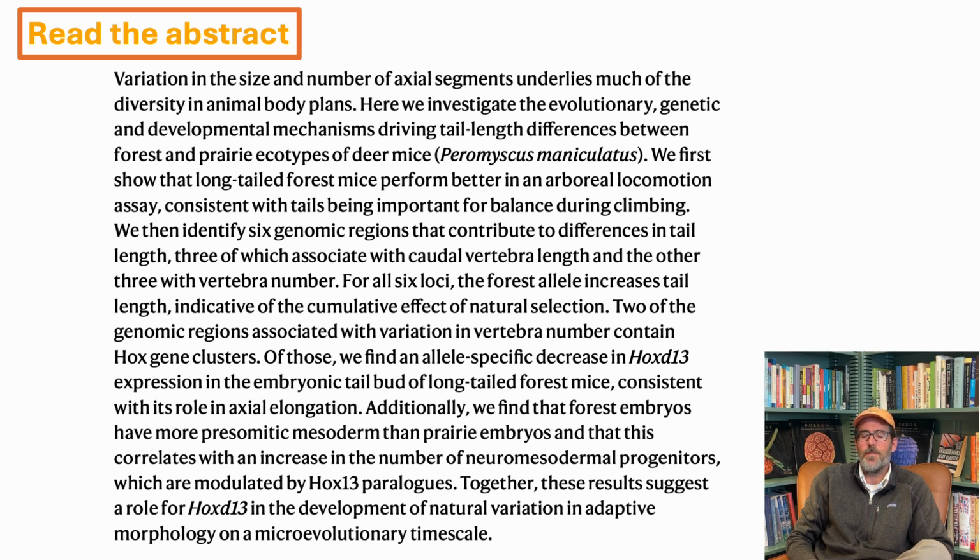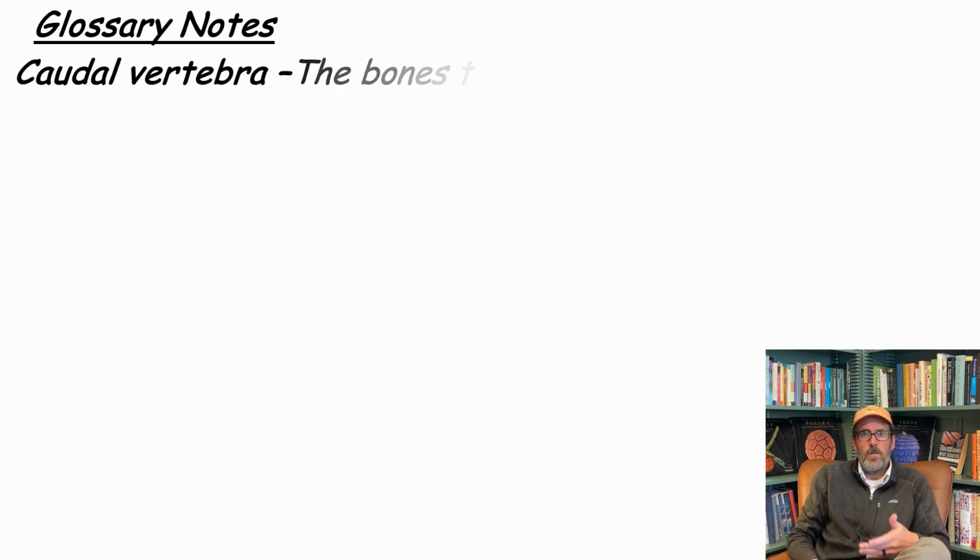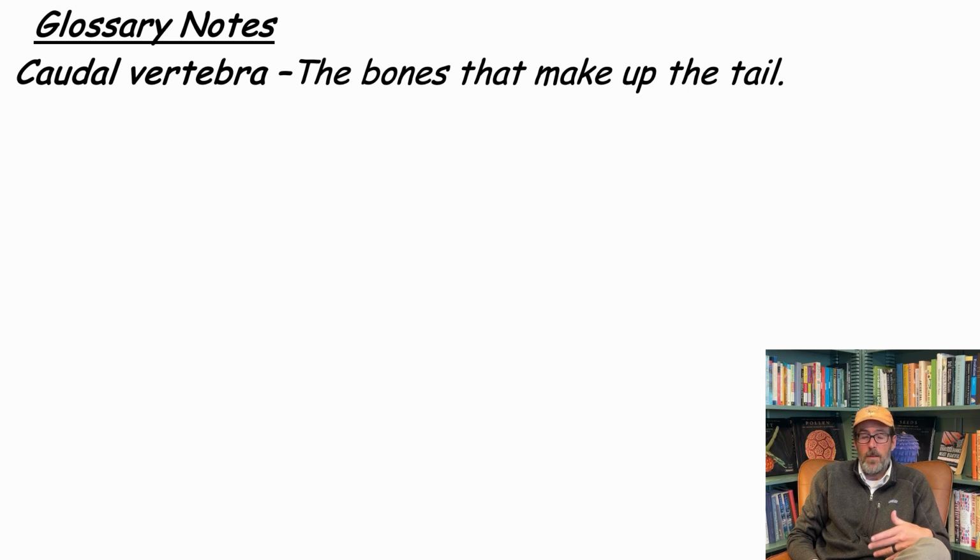There's lots of words in this abstract that I think are important to highlight: caudal vertebra, the forest allele, Hox gene clusters, embryonic tail bud, and you'll see what I do on the next slide with what I call glossary notes. So the caudal vertebrae are the bones that make up the tail.